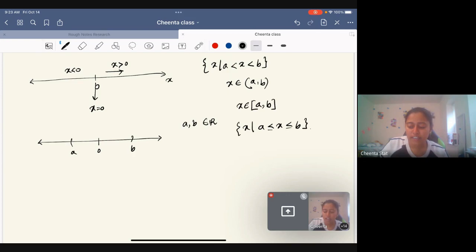Okay. And why is this important? In probability and statistics, there is a notion of discrete random variable and continuous random variable. Okay. So in the case of a continuous random variable, there are no point probabilities. Okay. So the probability at point A and at point B or any particular point is not defined. Okay. It's called zero.